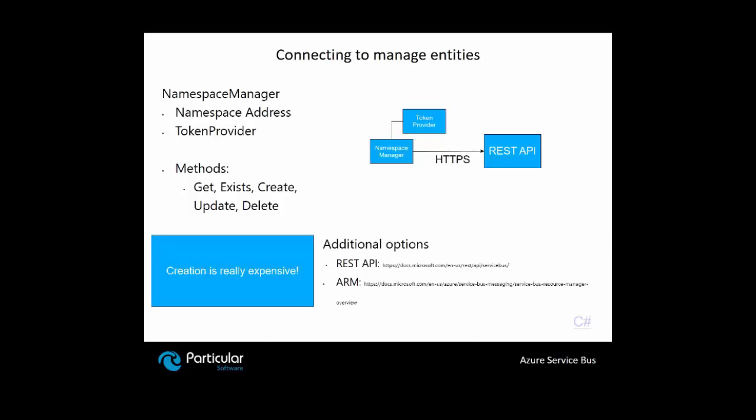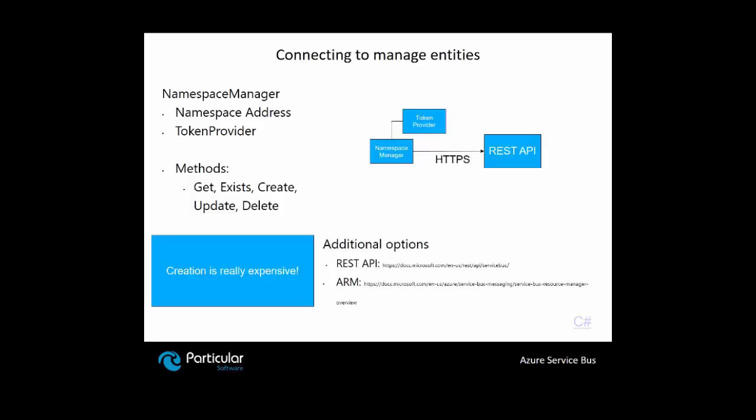One is an address which allows the DNS system to resolve the scale unit for you so that it knows where to create the entities. And the other one is a token provider. Typically, this is a token created from your connection string, but you have many different options. The token provided by the token provider will be used on the gateway node in order to authorize you.